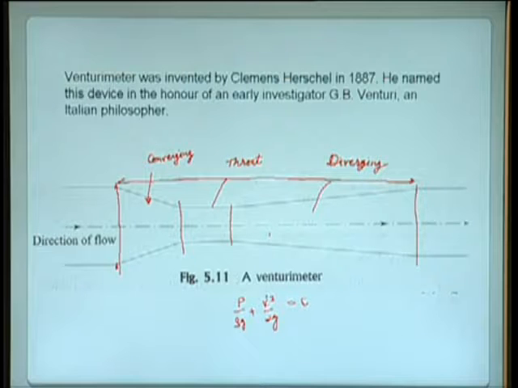So, if somewhere we have a smaller area, then with the help of the continuity equation we can write that A1 V1 for incompressible fluid is equal to A2 V2, right.